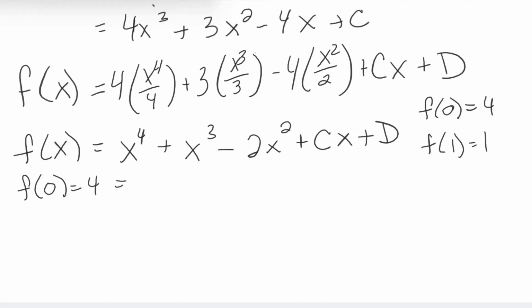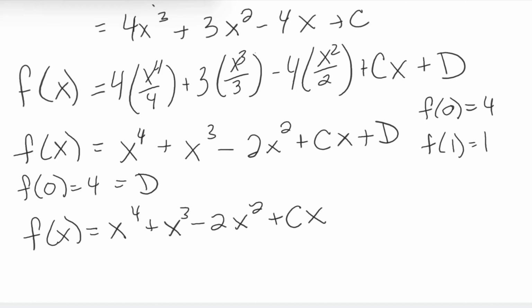So that's 0 plus 0 minus 0 plus 0 plus d equals 4. So now I know what d is. So I have x to the 4th plus x to the 3rd minus 2x squared plus cx plus 4.